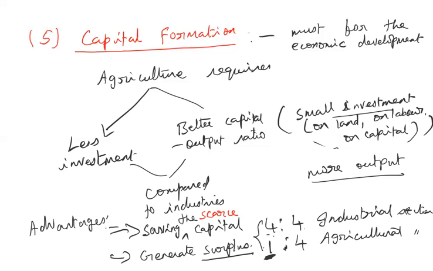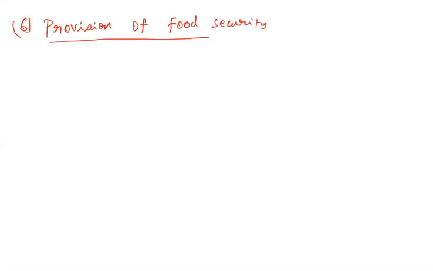Then the next importance of agriculture is provision of food security. Now what is the problem we are having in our country? We all know that there is heavy population pressure.